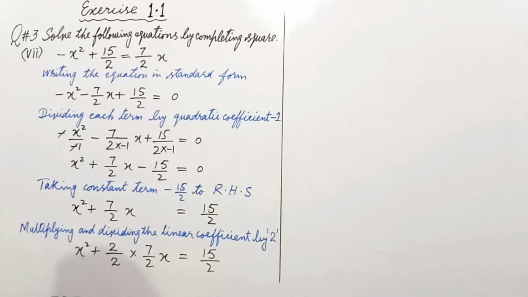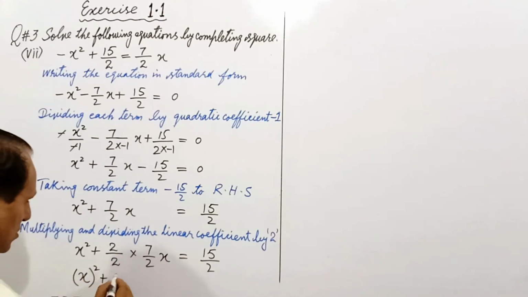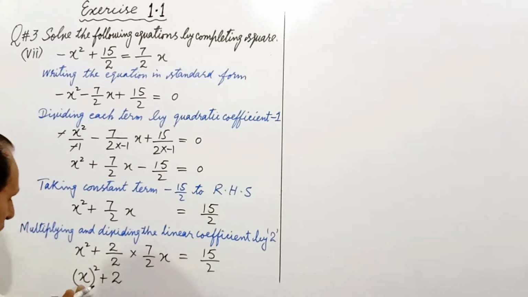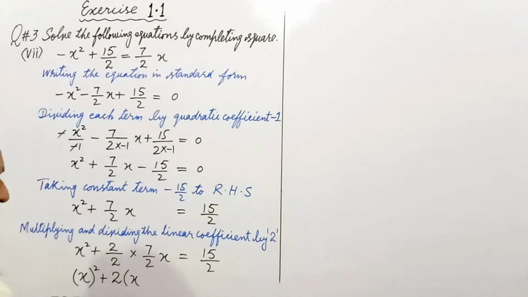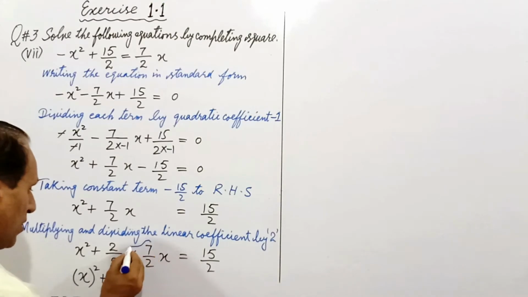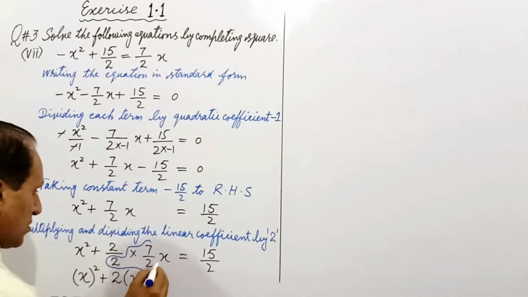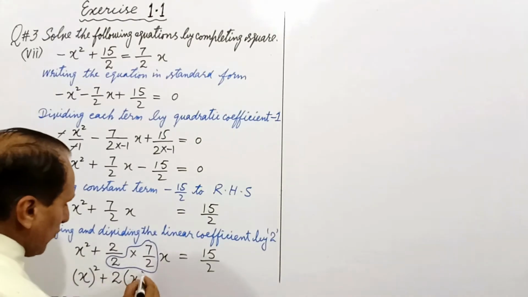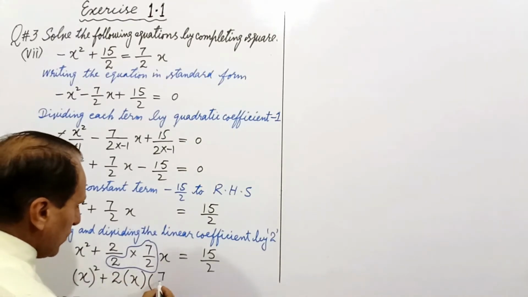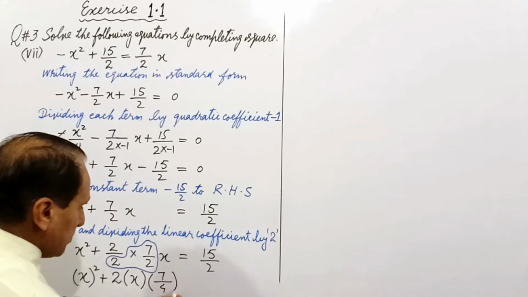We rearrange these values and write for a complete square like x square plus 2, the first value taken from this, x, and the rest of the value in this, that is 7 over 2 times 2, becomes the second value for the 2 times product.